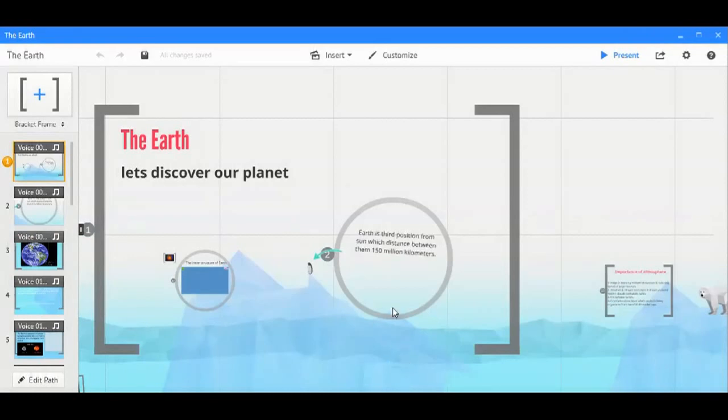Why the Earth is suitable for life, not any other planet. Even the astronomers seek to find life on other planets, but they haven't seen any till now. They only seek to find a trace of water, because if there is water on a planet, there was life or there is life on this planet. If there is no water, there is no life.